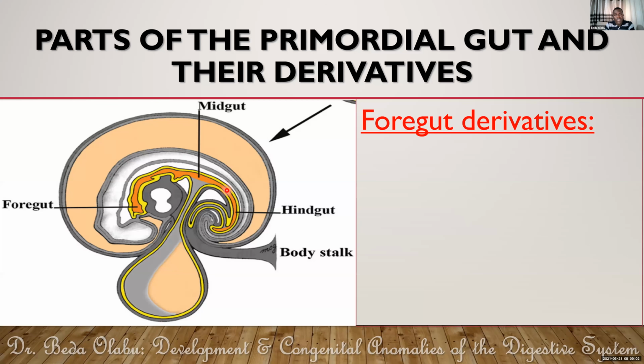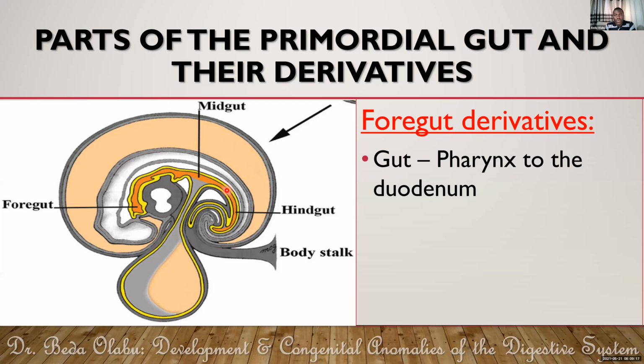Our objective is to talk about the derivatives of each part of the primordial gut. Let's start with the foregut derivatives. Now, the foregut has a number of derivatives. There are some foregut derivatives which are part of the alimentary canal, and that's what I'm calling the gut.